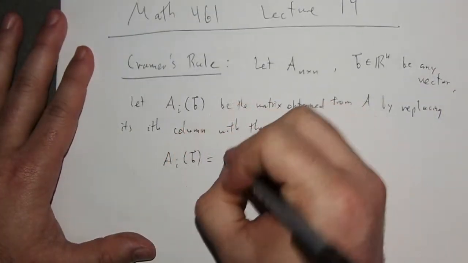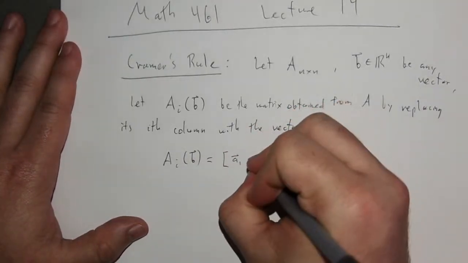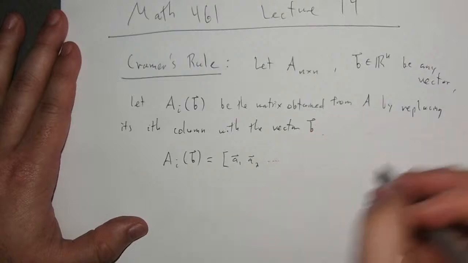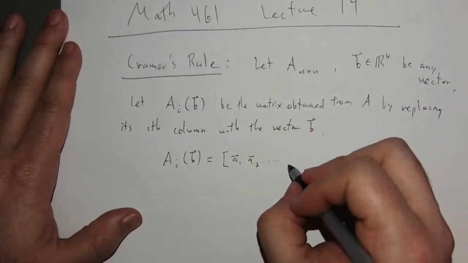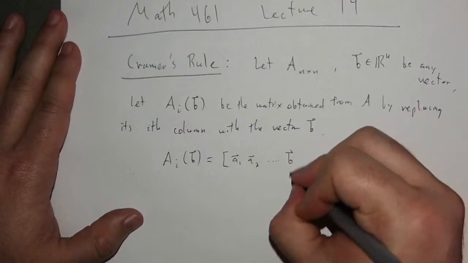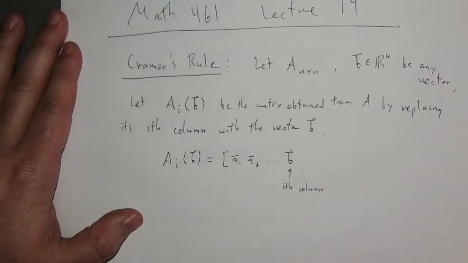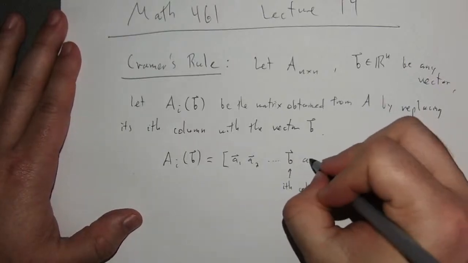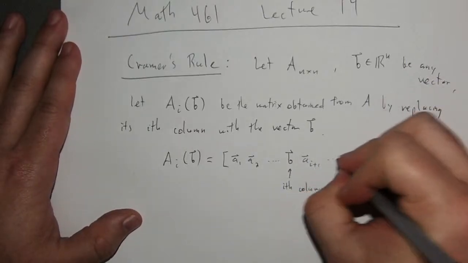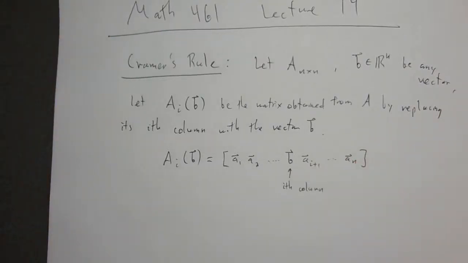If it has the normal column vectors like A sub 1, A sub 2, and so on, and then out to the ith position, instead of having A sub i here, it has b. So this is the ith column. And then after that, it's normal. So I have A sub i plus 1, and so on, all the way up to A sub n. So this is the matrix I get by replacing the ith column of A with the vector b.